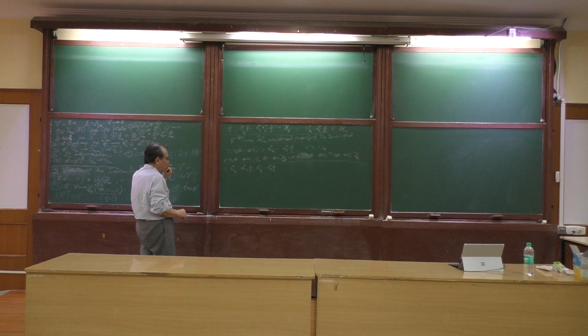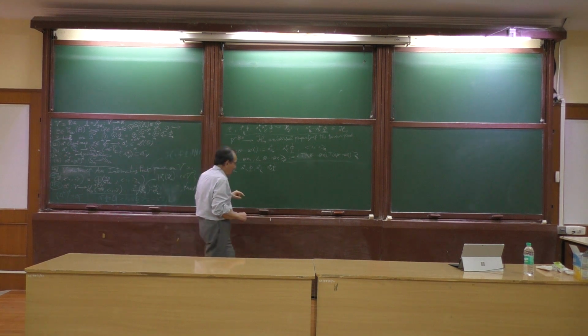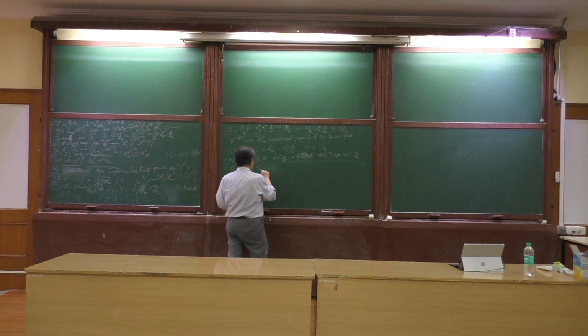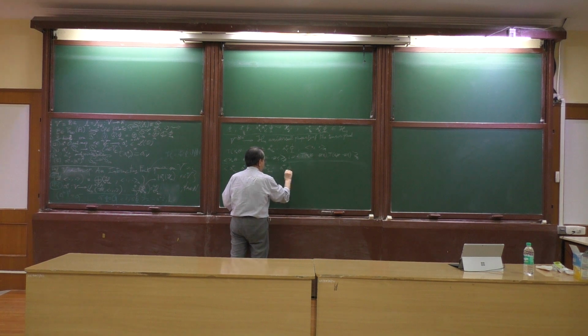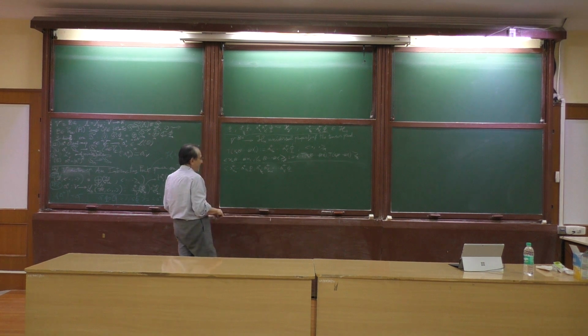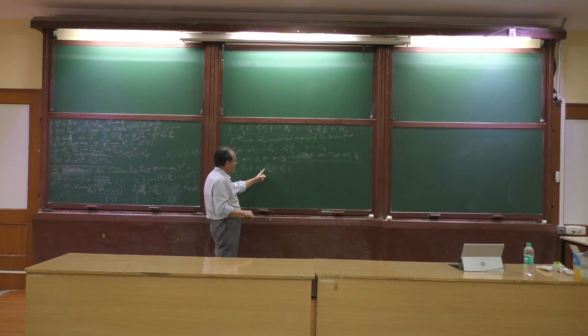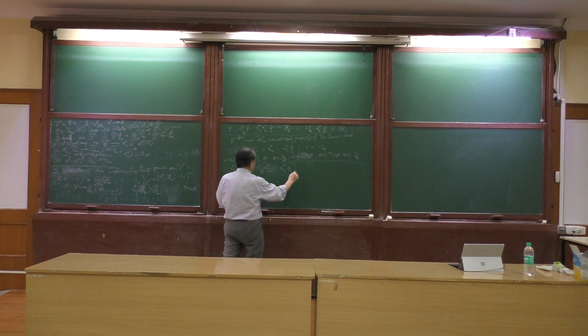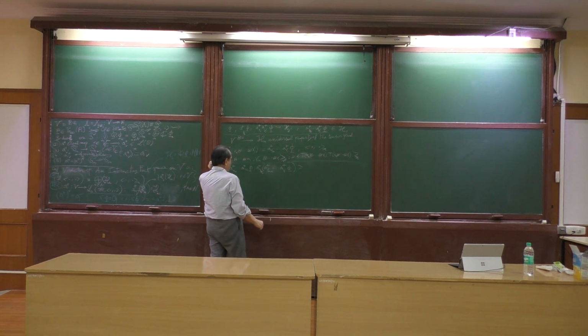Now, let me write this in this way. This is Vn. Here I have Vn minus 1, and then I have V1 and V. So I can write this part of the vector, and of course I have the scalar.